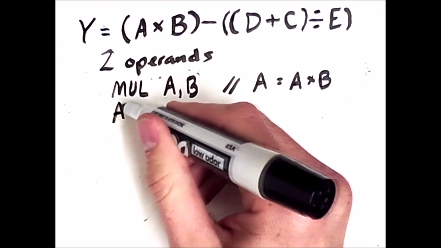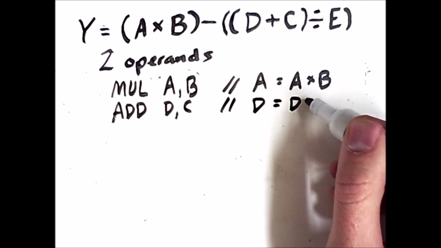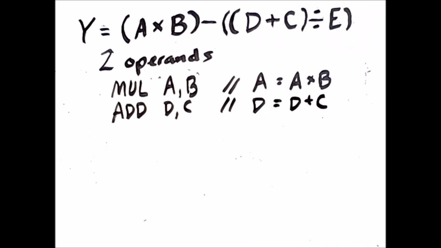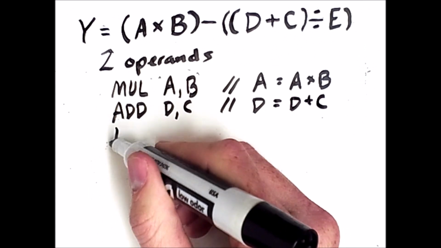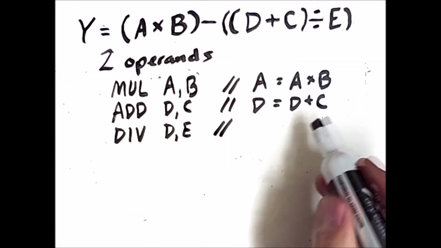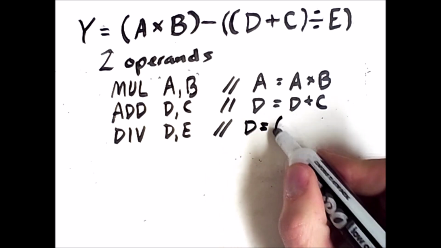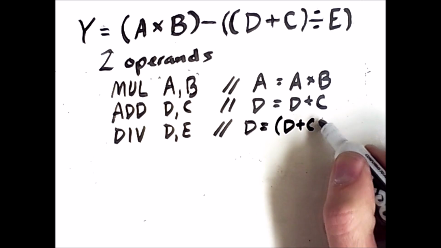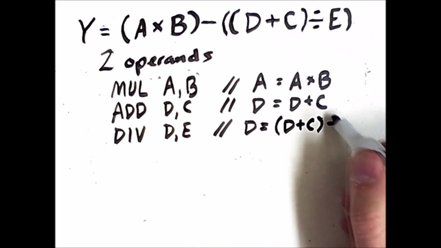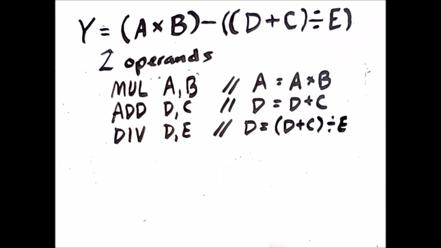Then we will add. So in this case, d takes on the original d plus the original c. Then divide. And at this point, d already contains d plus c, so the result that we'll store after this will be d plus c divided by e, and so that is this portion of the expression.